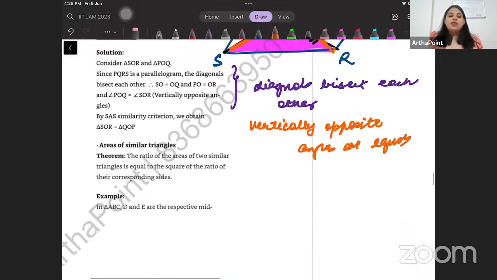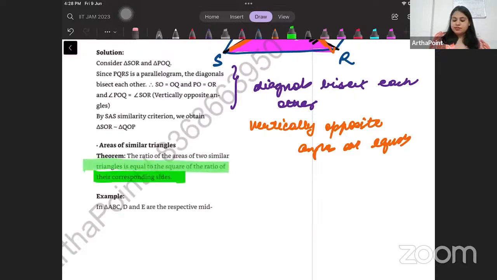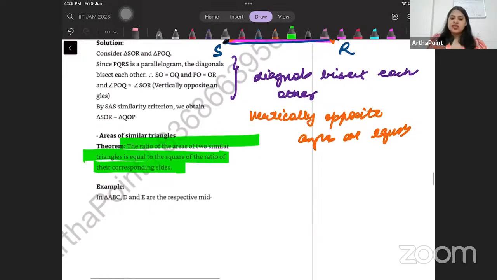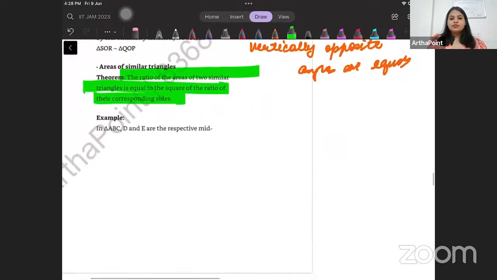Right? Now, come to the next theorem. The ratio of area of two similar triangles is equal to the square of the ratio of their corresponding sides. So once I find the ratio of the area, it should be equal to the square of the ratio of the corresponding sides. Let's take an example.